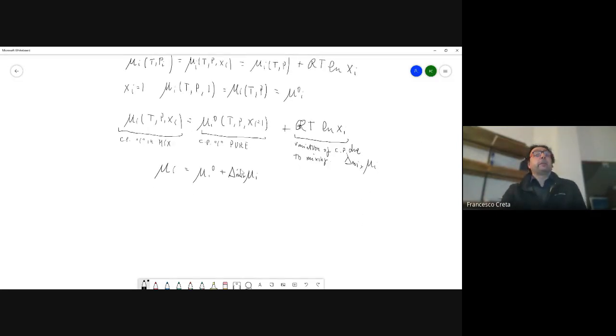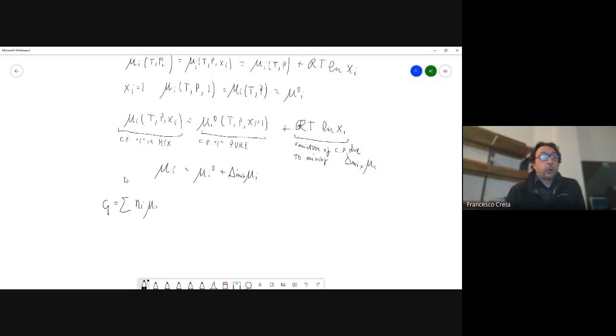Now, what does this mean? Well, let's try and see now if we can find out what happens to the Gibbs energy in the process of creating this mixture. Can we do that? Well, if you remember, the Gibbs energy is nothing else but the sum of Ni times mu I, right? So now that we have an expression for mu I, we can write it certainly.